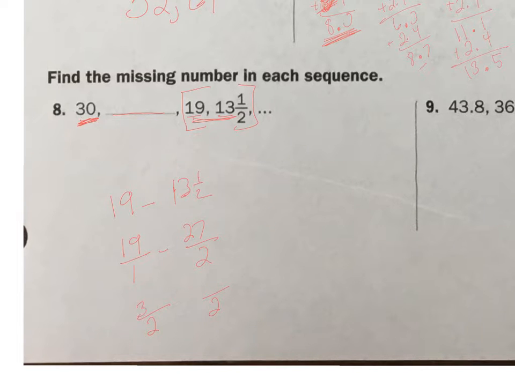So this is 38/2, and this is 27/2. Now I can subtract it. I know 2 is going to be on the bottom. 38 minus 27 is 11. And then how many? That can't be right.